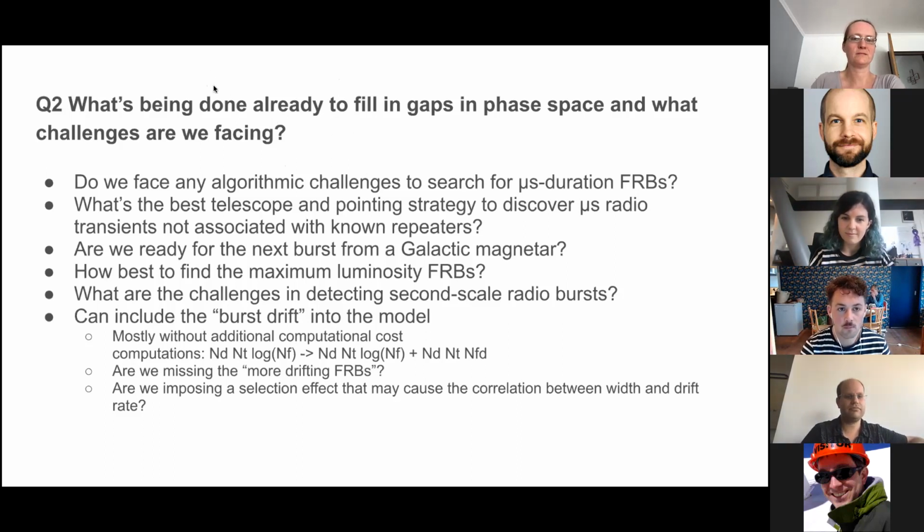Yeah, I think I see your point. So I think binary models are pretty distinctive from SGR 1935. If there was a way to identify in great detail that there was a binary system at a particular configuration that produced the FRB phenomenon, that would be very distinctive from a classical SGR.